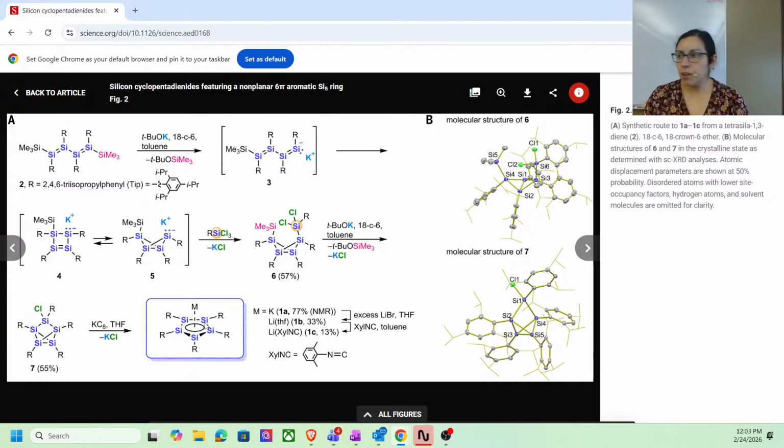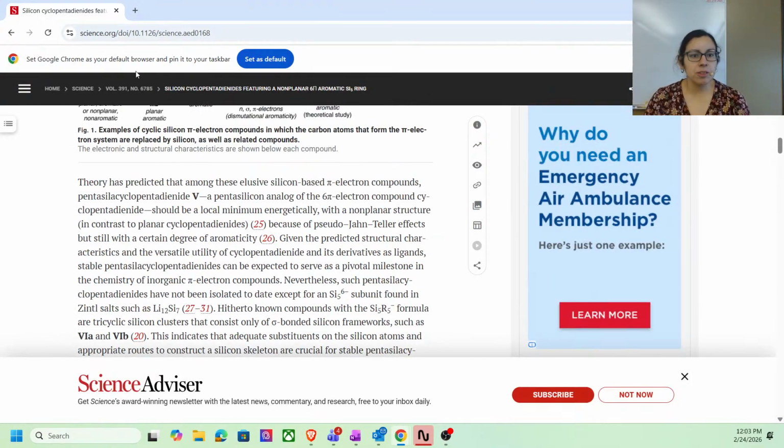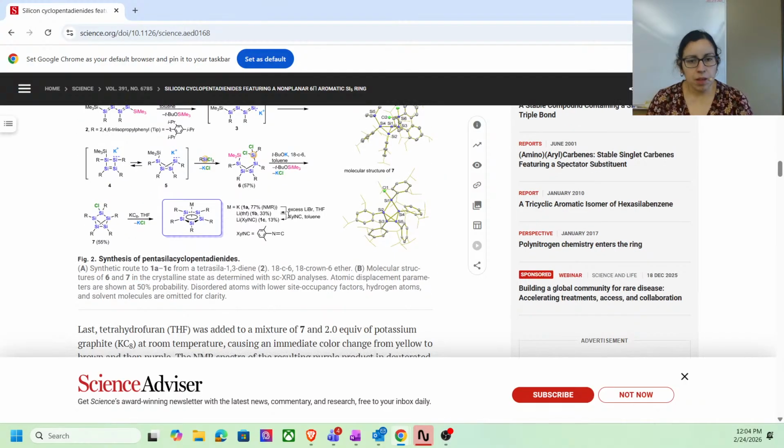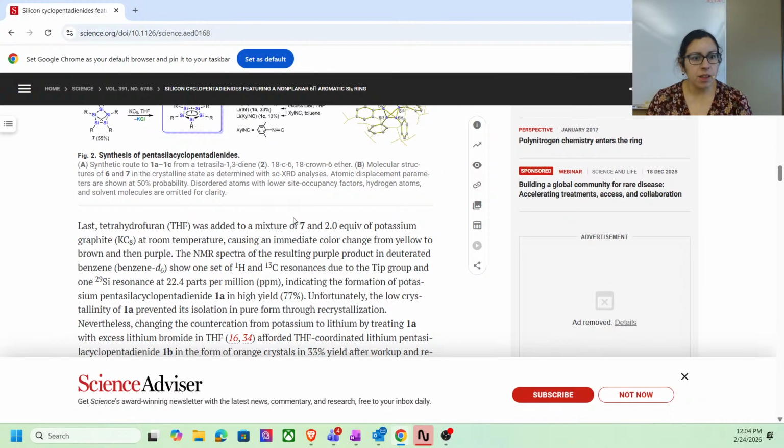And so this is huge that they made a ring with silicon doing that structure. And then there's a crystal structure of it shown over here. Again, nice pretty pictures to verify what you made. So that's really big. That's why this was in Science too. That's huge, making those bonds with silicon.